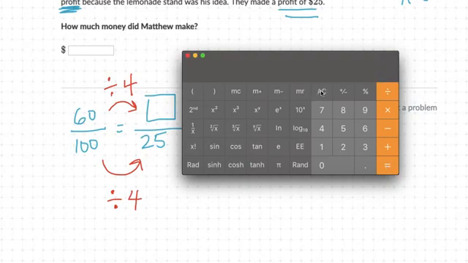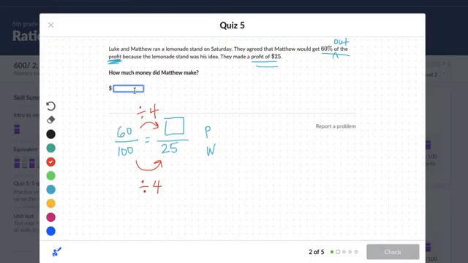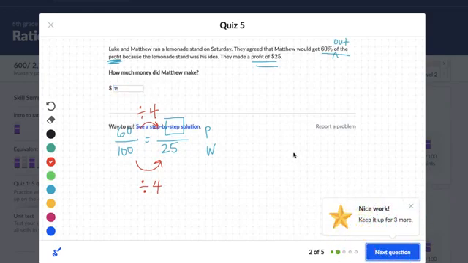Oh, sorry, the profit wasn't $60. That's the percent. The profit was 25. So half of 25 would have been $12.50. But since he is getting 60%, that should be more than $12.50. So that's 60 divided by 4, which is 15. Okay, so he's getting a little bit more than just half. Okay, so that's 15.